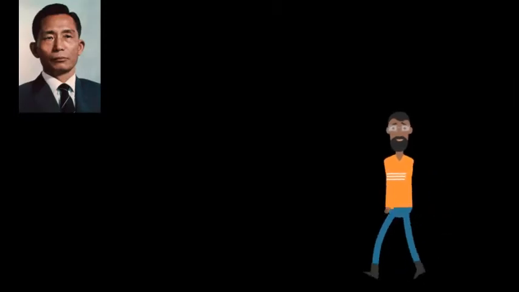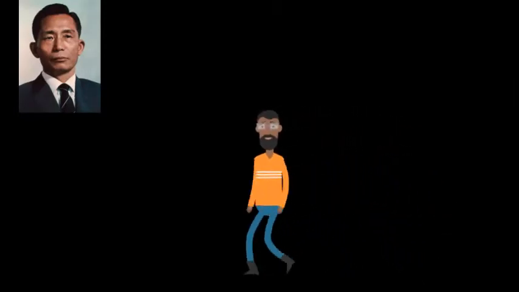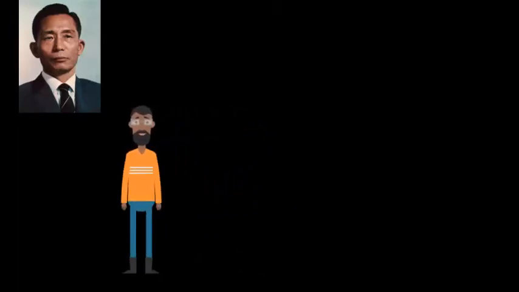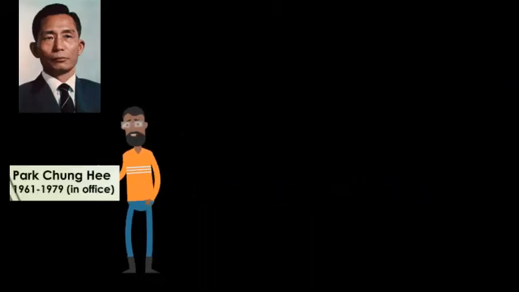Despite heavy criticism of Park Chung-hee's political repression, his authoritarian leadership was responsible for the so-called "miracle on the Han River". Park Chung-hee was in office from 1961 to 1979.